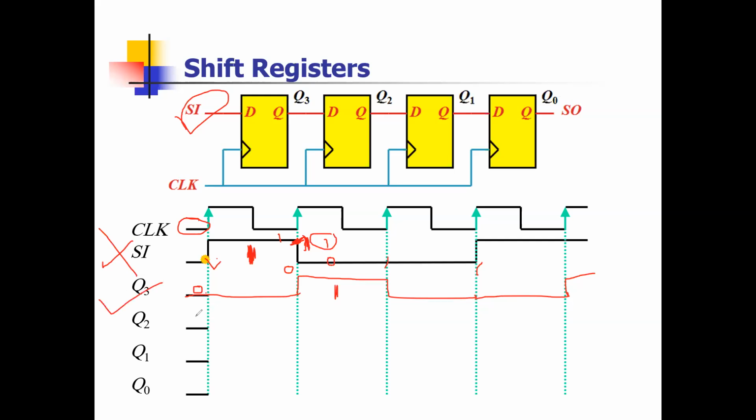So 0, then 0, then 1, check, 0. Oh, sorry, 0. Then what is the next? 1. Then 0. Then 0. That's it. Clear?